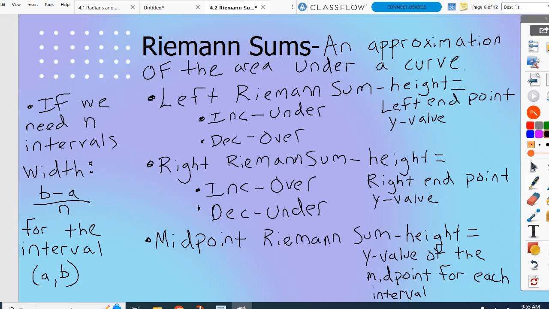But we don't have a function to plug into if we're just given a table, so we just have to use the table values. So that's what we're going to look at next. Everyone have all that down? Questions so far about any of the definitions? I know it's a lot of information up front, but we have to get it all down before we can look through some examples.